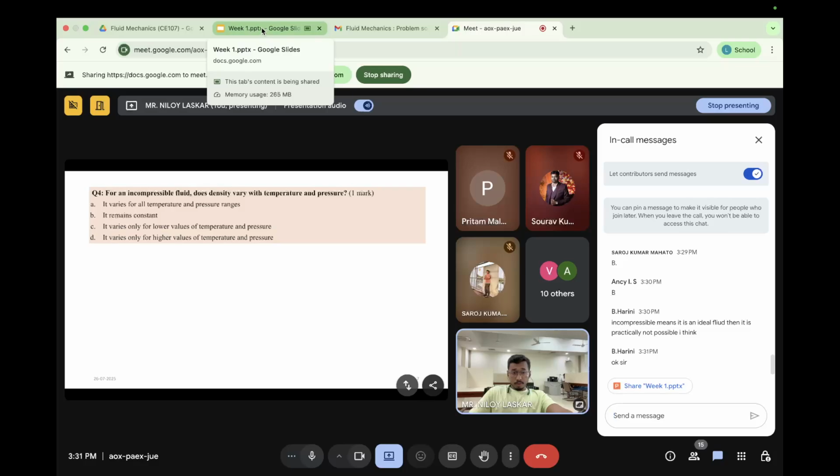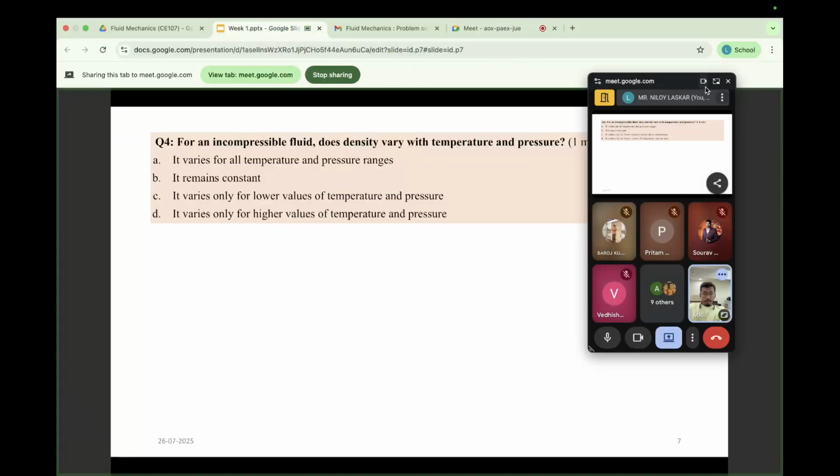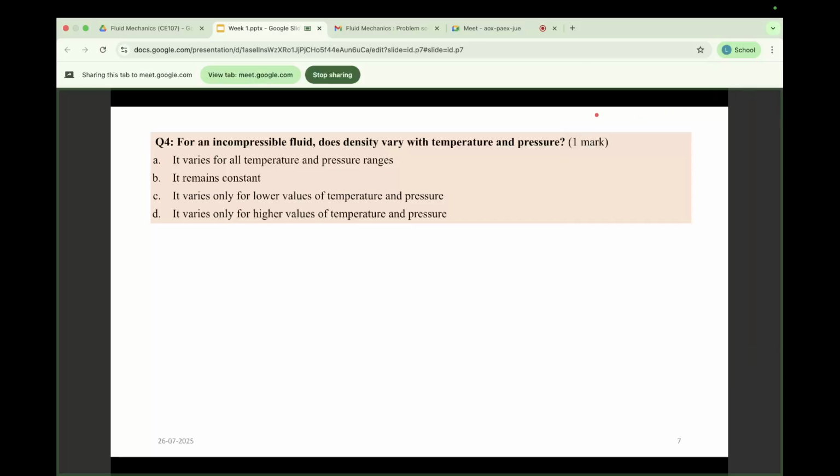So everyone has answered it correctly. That means density always remains constant irrespective of the conditions. So option B is the correct answer. Always remember that what we are saying is in theory, not in reality.